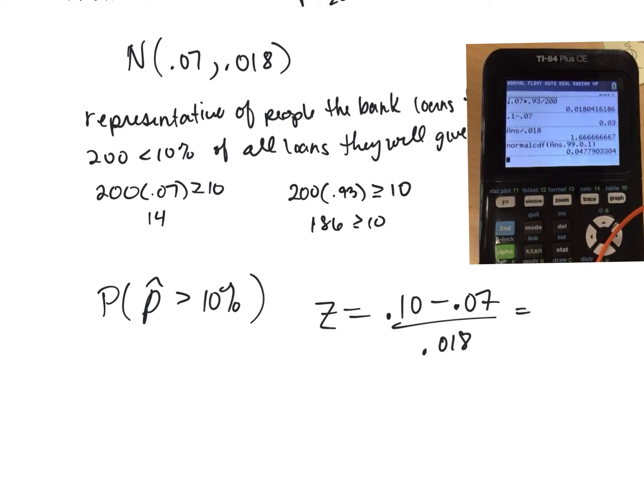So this is 1.667, and we write out normalcdf 1.667, comma 99.